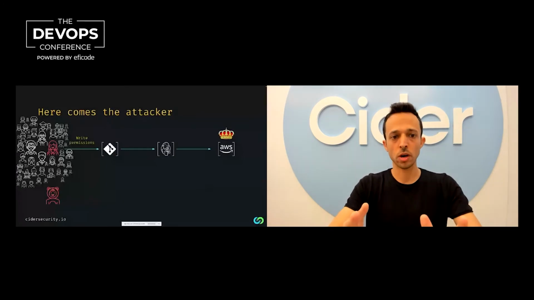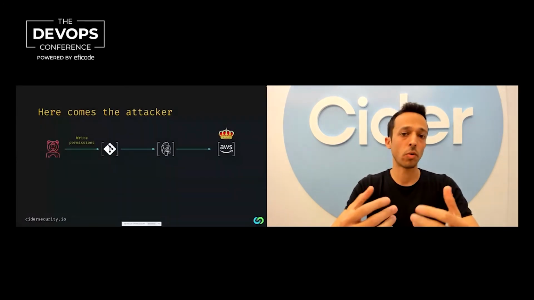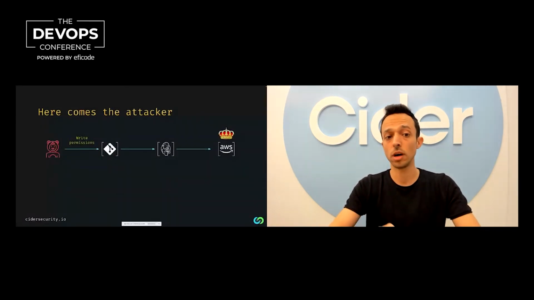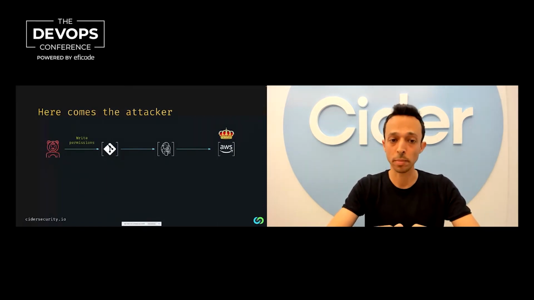Okay, so now in this phase, the attacker gained write permissions on the repo. He doesn't have direct access to the CI, definitely not to production, just write permissions on a specific repo linked with a Jenkins pipeline. Now we'll cover 4 attack vectors that the attacker can use in order to reach production through his initial foothold in the repository.